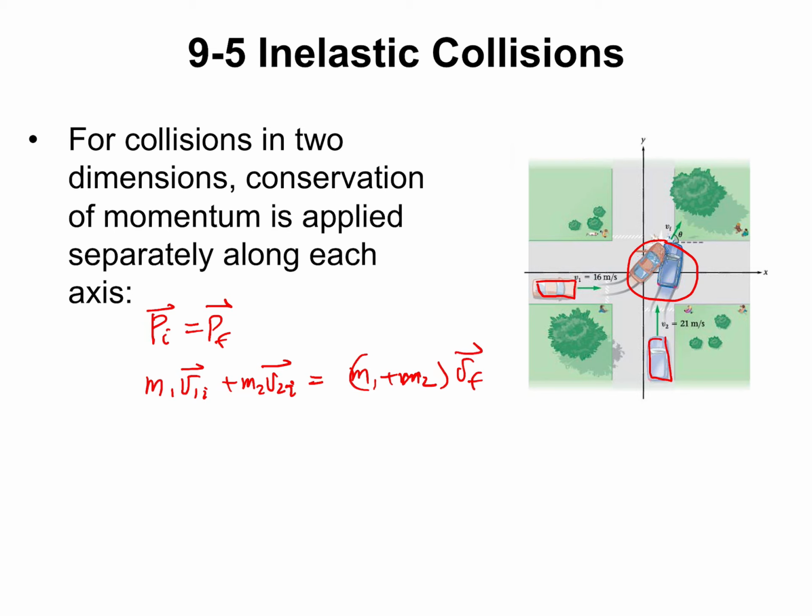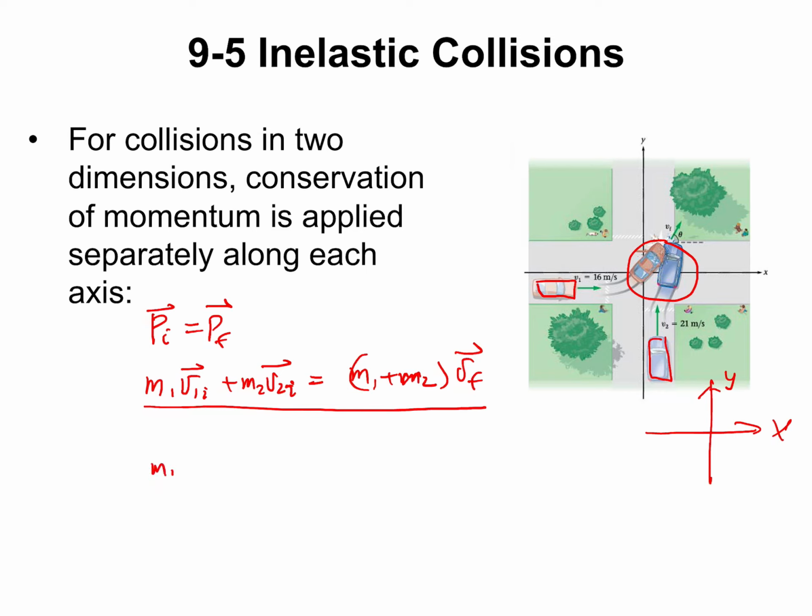Assume we know v1 and v2, the magnitude and direction. Since this is a two-dimensional problem, we use the components method. So we build x and y axes, and this holds for the components.